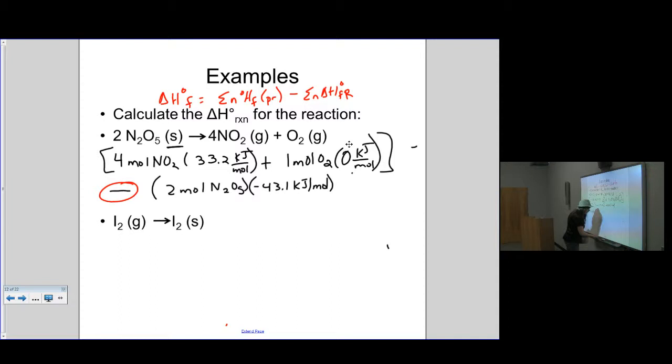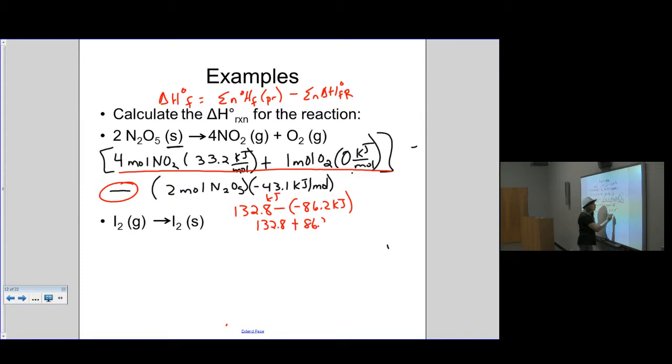So taking these values, for my products, I get a value of 132.8, and from this, I'm going to subtract negative 86.2 kilojoules. This is kilojoules as well. So this ends up being 132.8 plus 86.2 kilojoules. And so in this case, this is an endothermic reaction with a positive 219 kilojoules of enthalpy for the reaction.